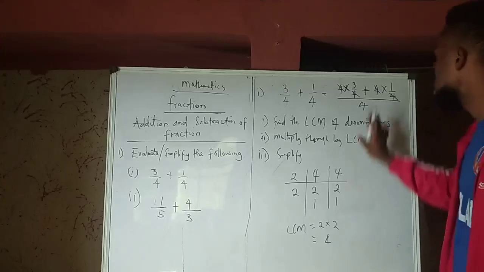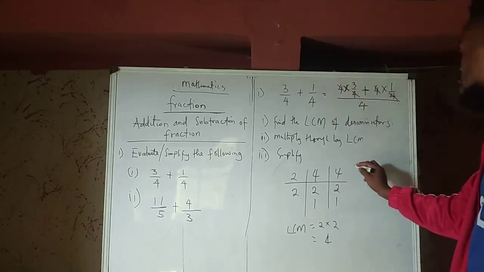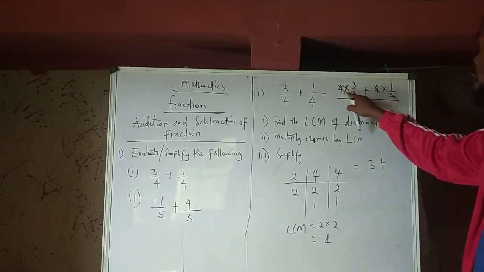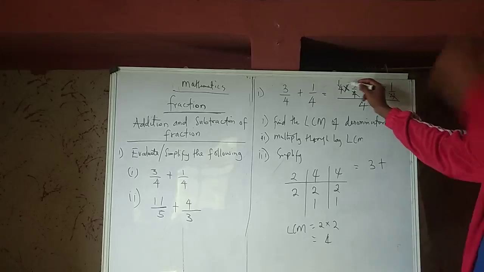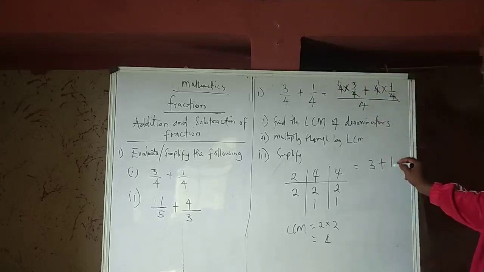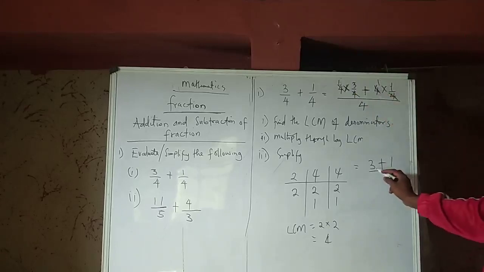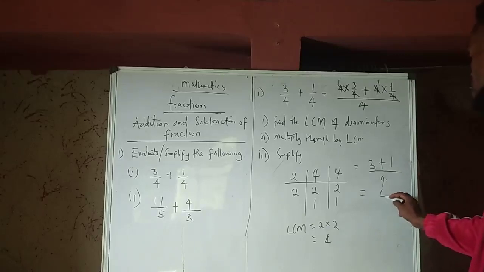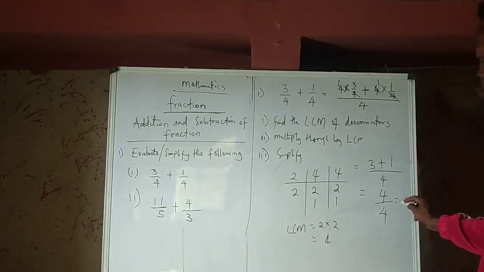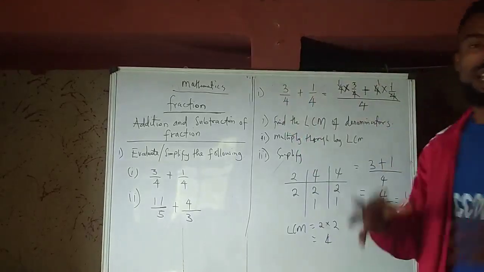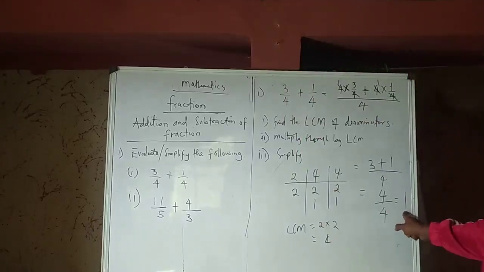So what is left of this expression is going to be 3 plus 1, because 3 times 1 is 3, and this 4 cancels 4, gives us 1. 1 times 1 is 1. All over 4. 3 plus 1 is 4, divided by 4. Okay, 4 divided by 4 is what? 1. So that means when we add 3 over 4 plus 1 over 4, we get a single digit.